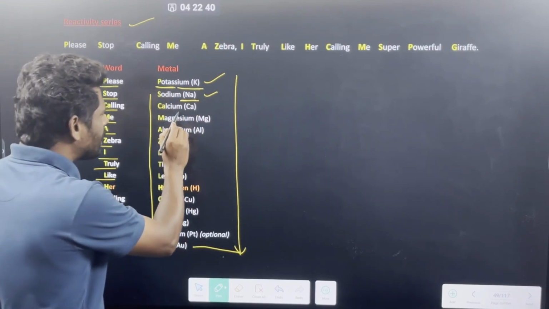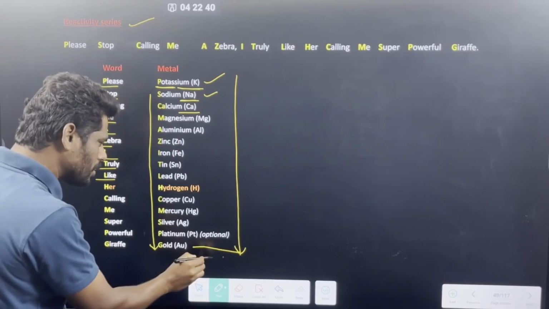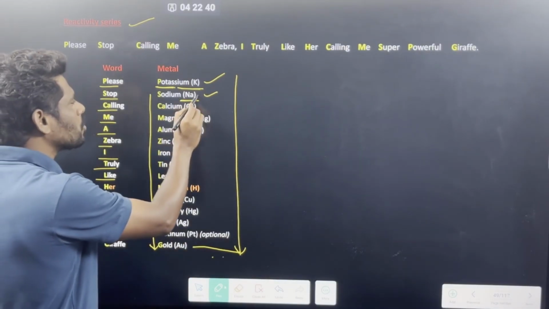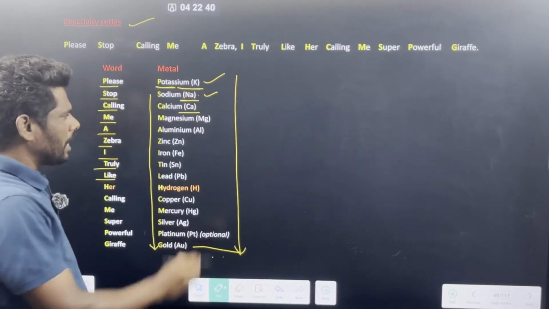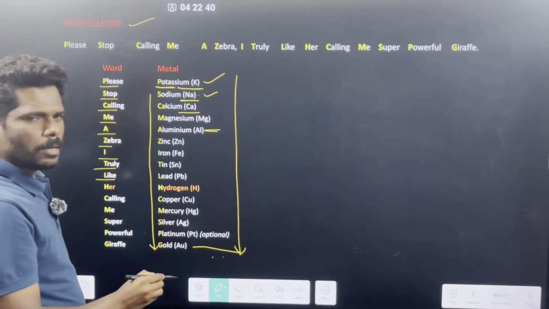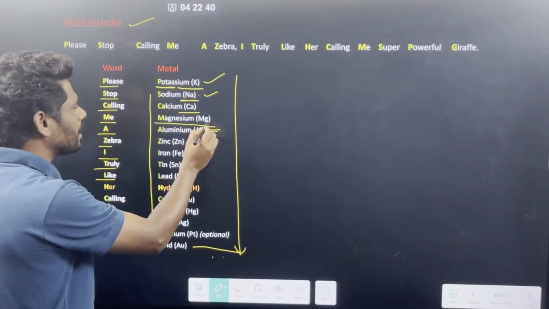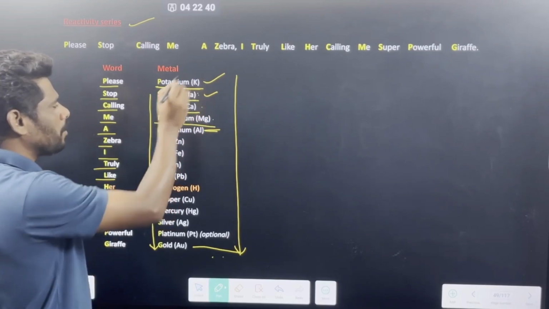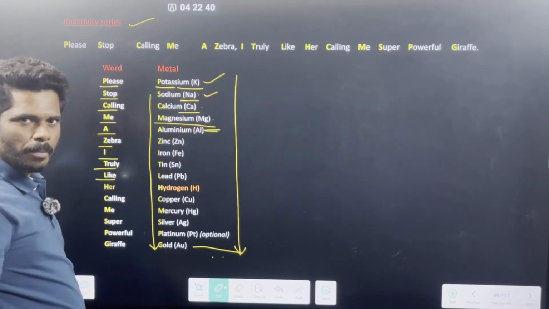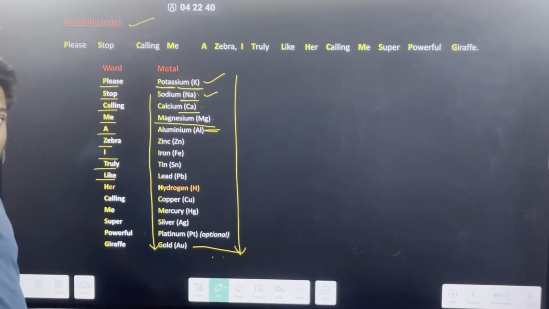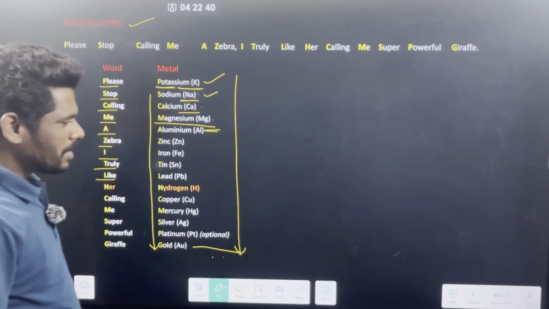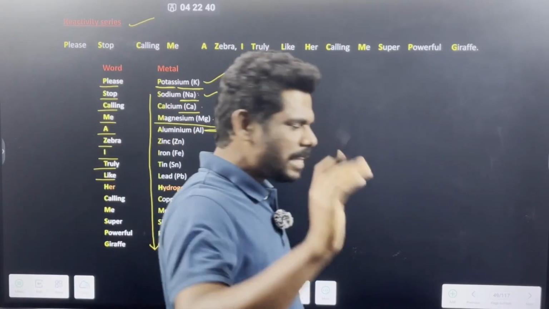In the same way, calcium can displace all the metals below, but it cannot displace the sodium and potassium. In the same way, aluminium can displace all the metals below it, but it cannot displace the metals above it, that is magnesium, calcium, sodium and potassium. Aluminium cannot displace them.